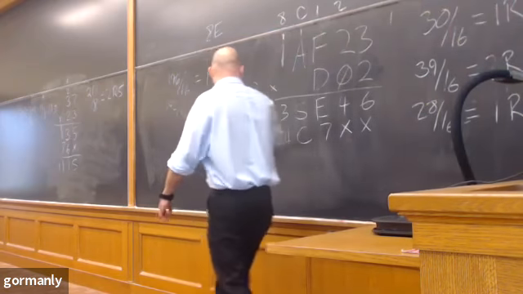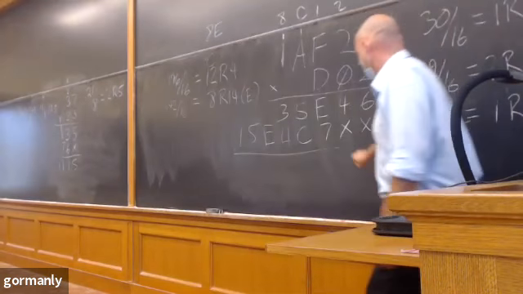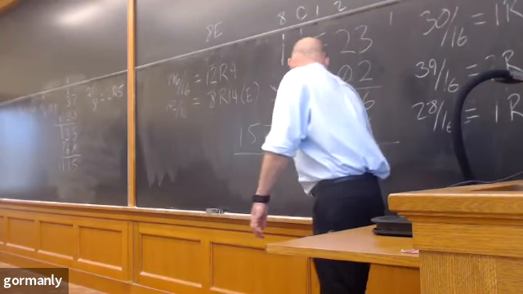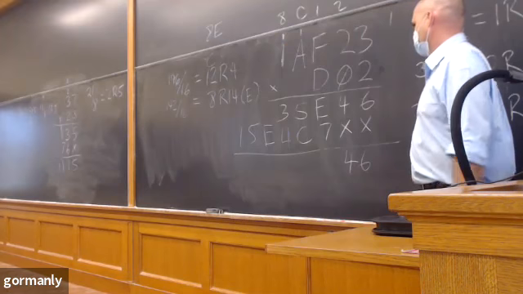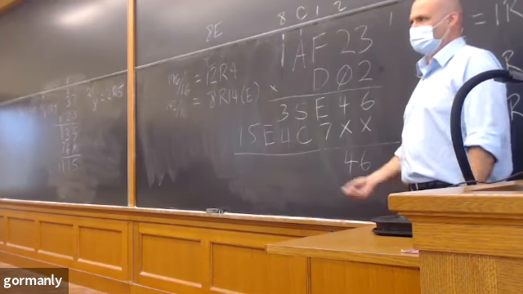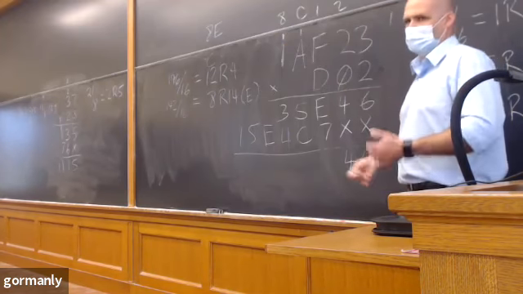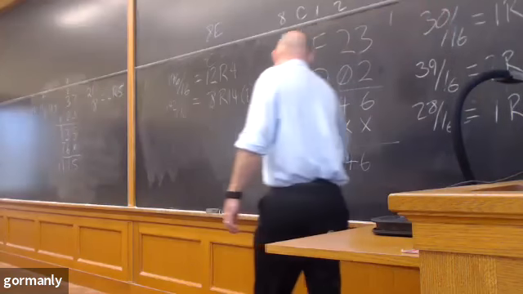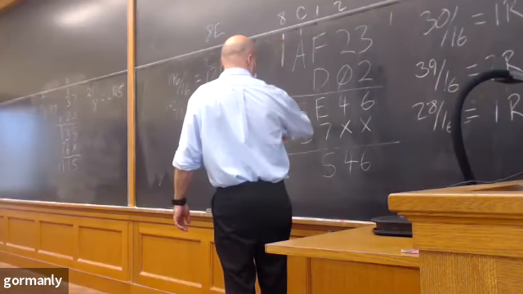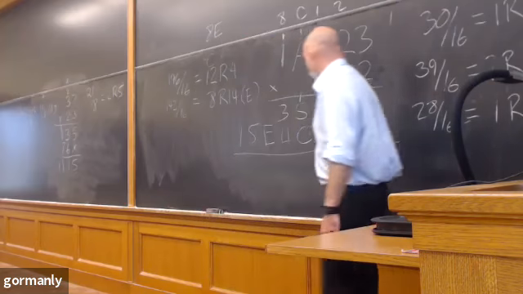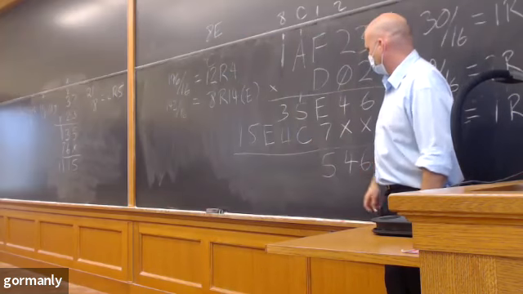All right, so these now get added up. The 4 and the 6 come down. E, remember, is 14, 7 is 21, which gives me the same 1 remainder 5 again. So I'm gonna have a 5 down here, carry the 1. 1 and 5 is 6.